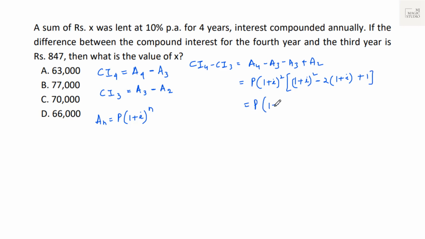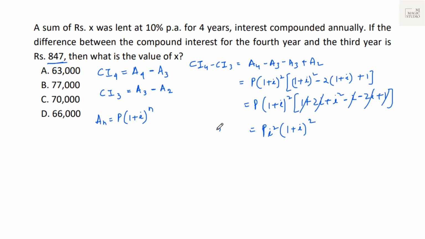Let's see what we get. P into (1 plus I) whole square. If you solve this, you will get 1 plus 2I plus I square minus 2 minus 2I plus 1, and you will see everything will cancel out here. So the difference between fourth year compound interest and third year compound interest is P I square into (1 plus I) square.